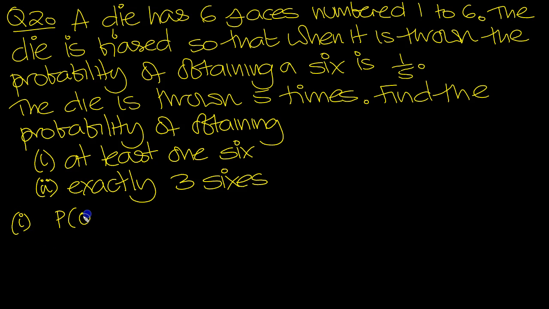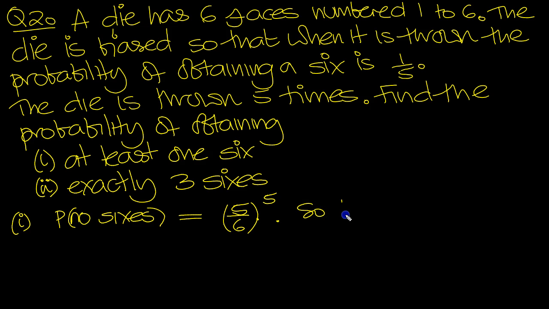So the probability of no 6s then, the die is thrown 5 times. So the probability of obtaining a 6 is 1/5. So the probability of no 6s on 5 successive occasions is 5/6 times itself 5 times, isn't it?